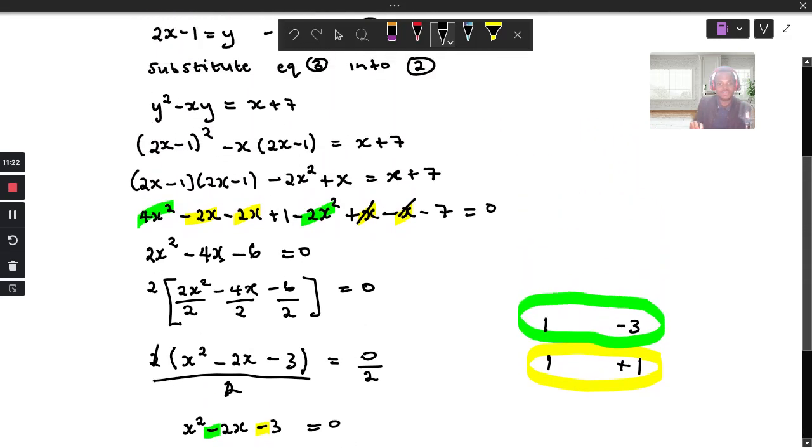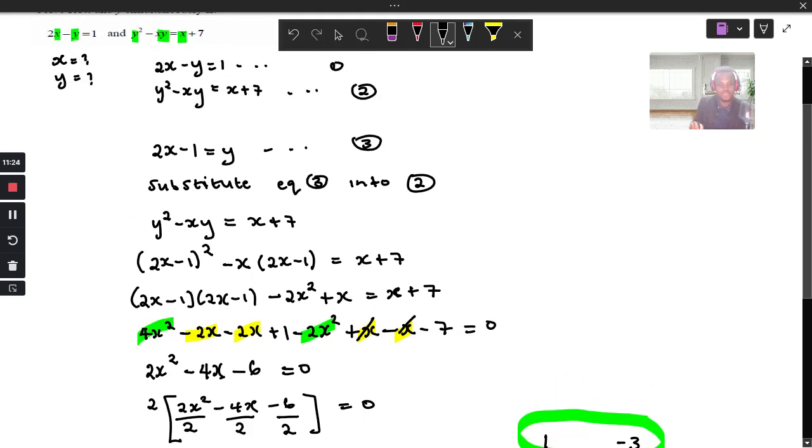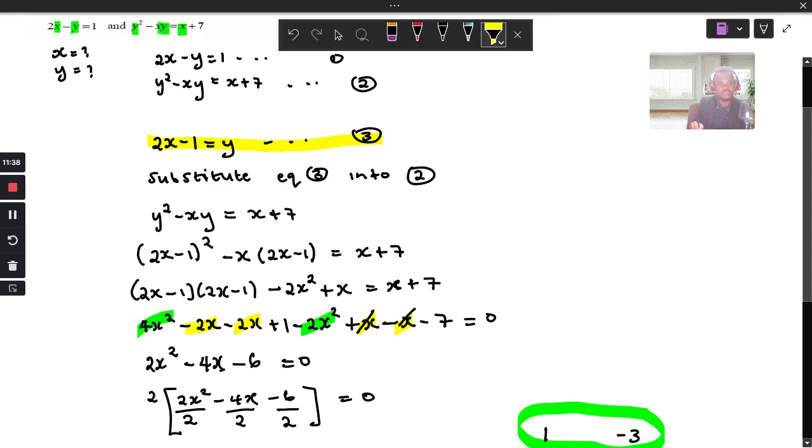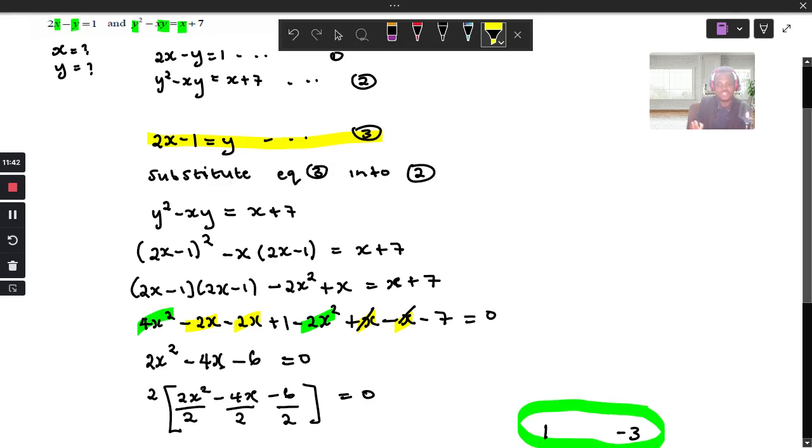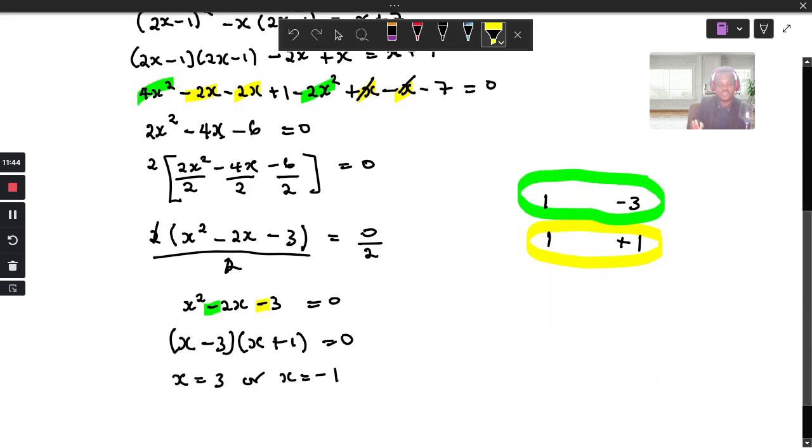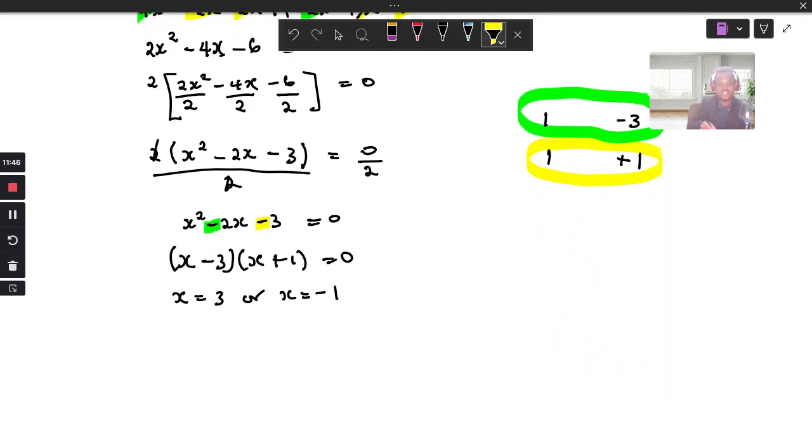So let's go back for y. This is equation 3. On equation 3, you did manage to write y as the subject of the formula, meaning y is equal to 2x minus 1. Where you see x, you replace it with the possible outcome that you got.